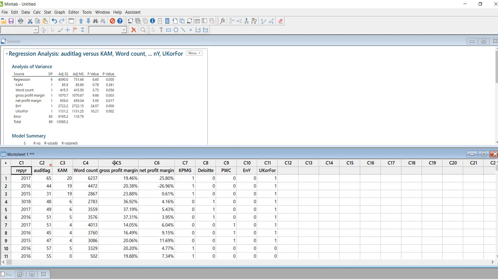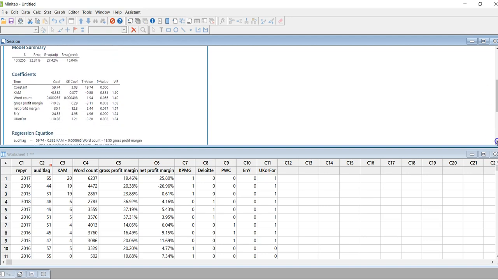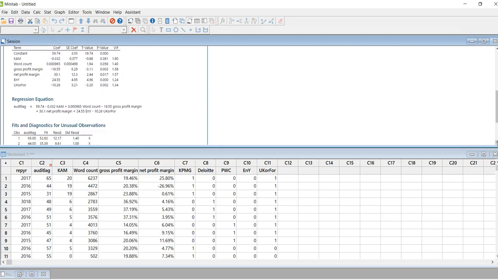You then want to run a regression, and the first thing you do is to work out what you want to do and why you want to do it. And in this particular case, on the left hand side we have audit lag, that's the length of time between the end of the accounting year and the date on the auditor's report.